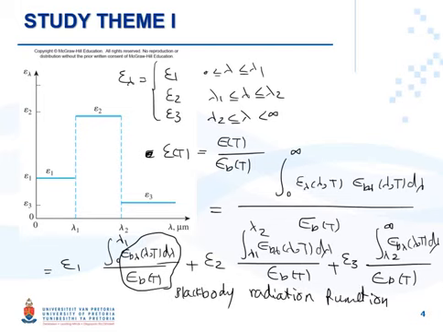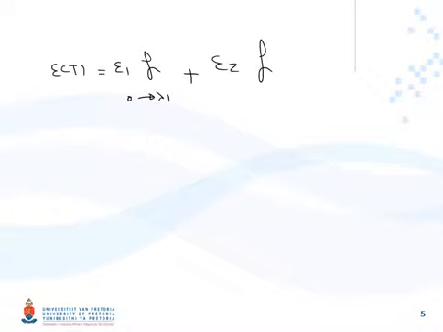So if I want to write it based on the Blackbody radiation function, I can write it as follows. So epsilon T is equal to epsilon 1 multiplied by the Blackbody radiation function between 0 and lambda 1, plus epsilon 2 multiplied by the Blackbody radiation function between lambda 1 and lambda 2, plus epsilon 3 multiplied by the Blackbody radiation function between lambda 2 and infinity. Okay.